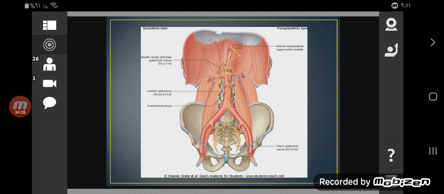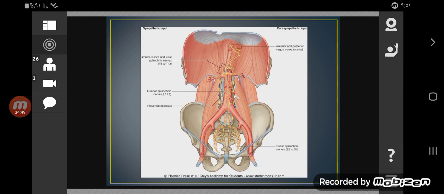You can see it travels anterolateral to the lumbar vertebrae and on the anterior surface of the sacrum, and finally at the midpoint on the anterior surface of the coccyx it finishes as the ganglion impar.